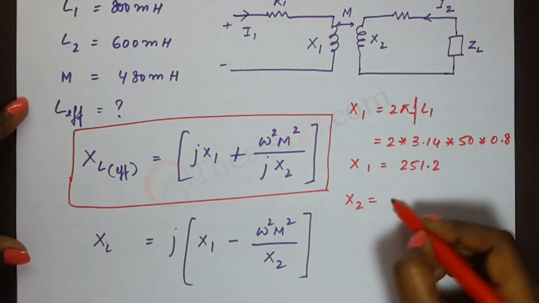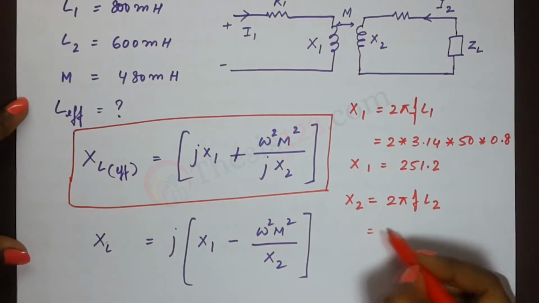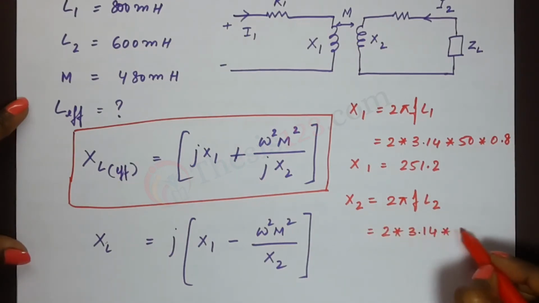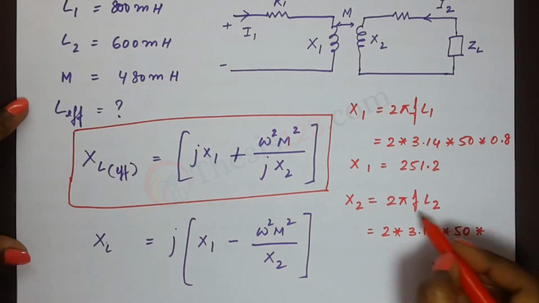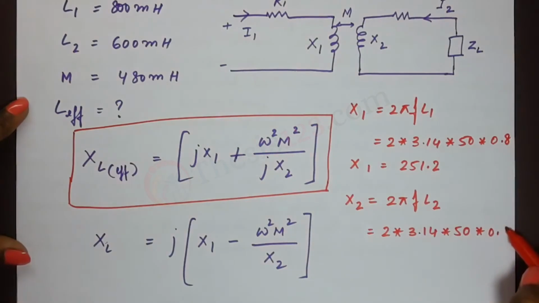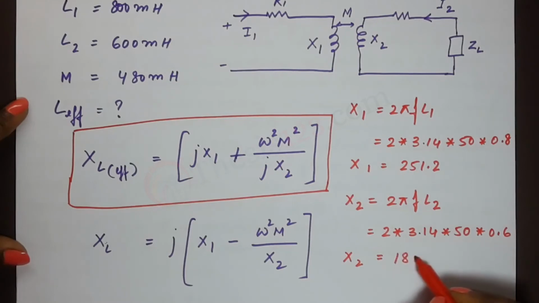Next, let's calculate the value of X2. The formula is 2 pi f L2, which gives us 2 times 3.14 times 50 times, now the L2 value is 600 millihenry, so we write that as 0.6. Solving, we get X2 as 188.4.